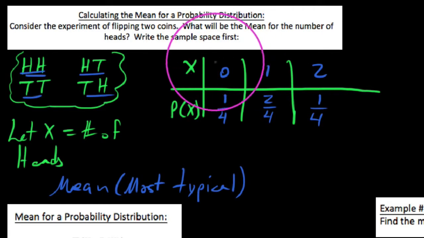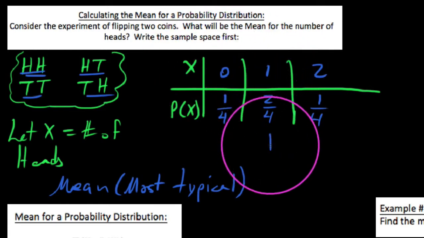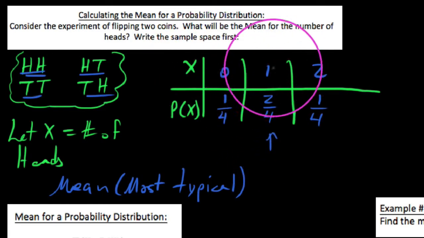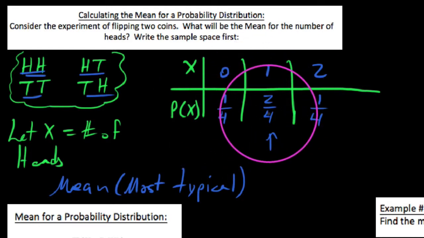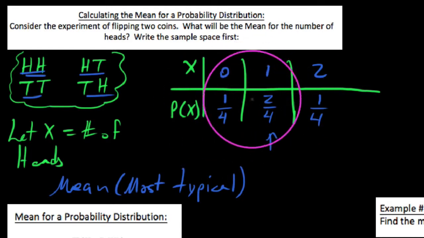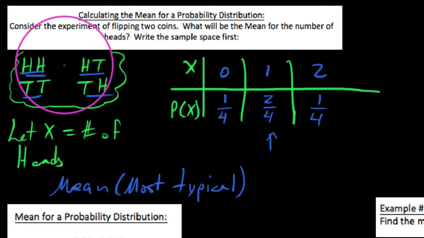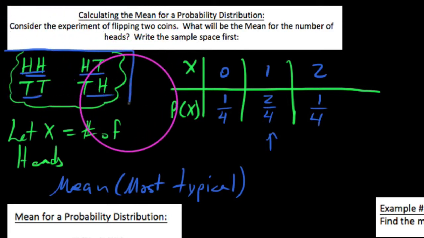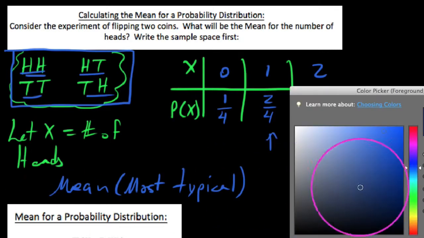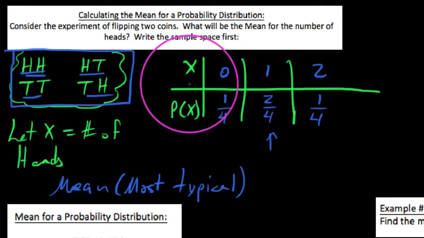Well, when I'm looking at my table up here, and x represents the number of heads, I can see that one head pops up more than anything else. It's most likely to occur. So what I'd like to do is set out to find the average number of heads. Let's find the average of this. Now, to find the average, we've done this before: you add everything up and you divide by however many there are.